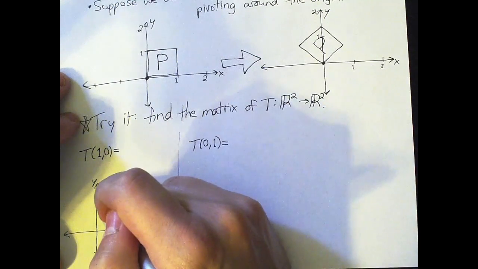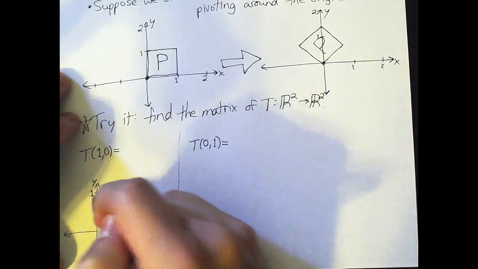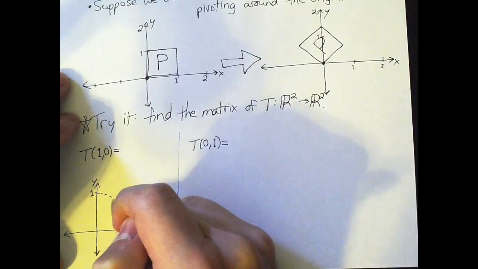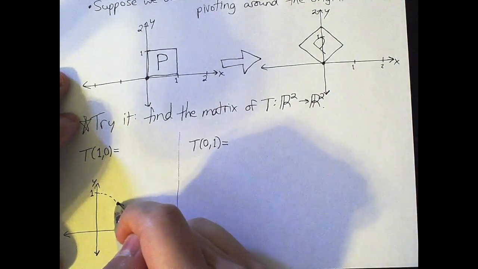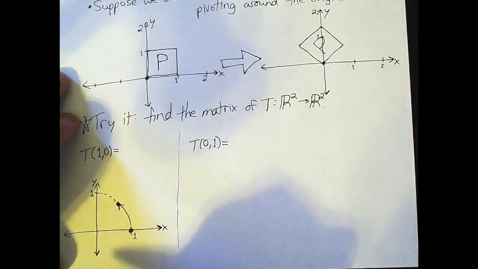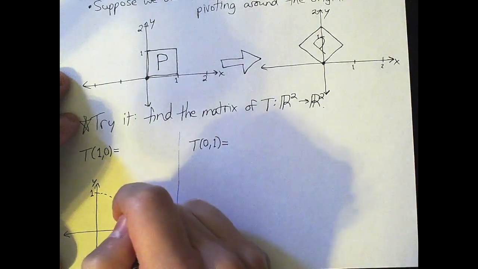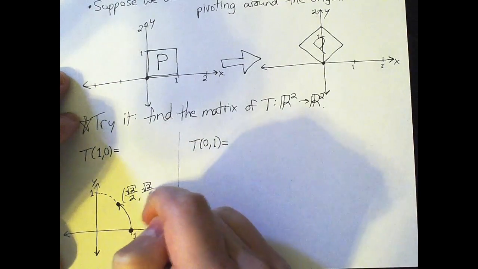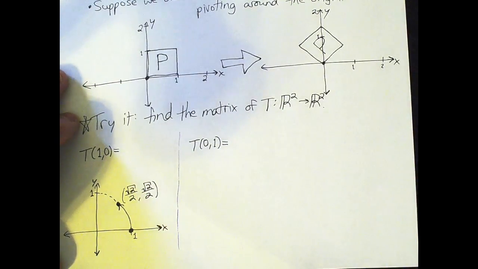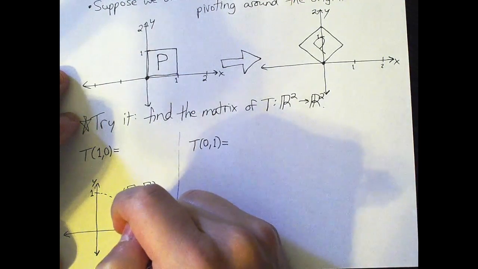Right? It's kind of moving along the unit circle if you think about it. Like here's the unit circle. And you know that when you learned about the unit circle, usually you went counterclockwise. And this 45-degree rotation takes us to one of the common points that we know on the unit circle, square root of 2 over 2, comma, square root of 2 over 2. That's a 45-degree rotation.